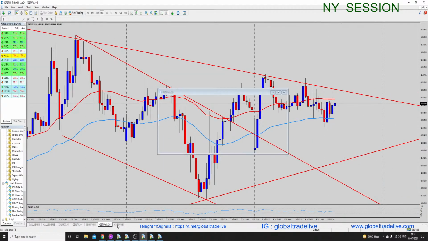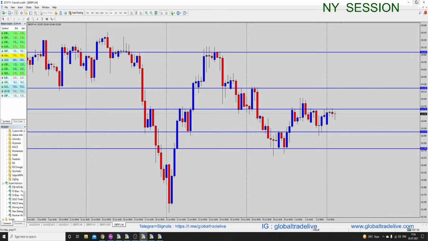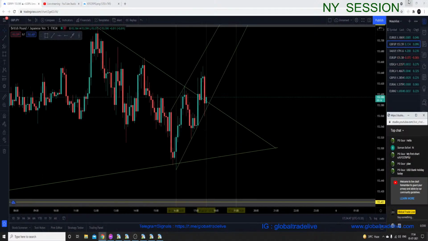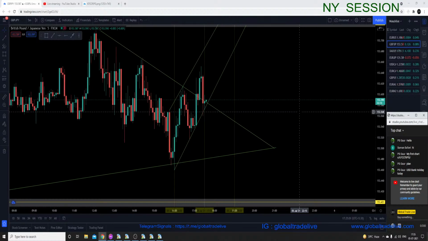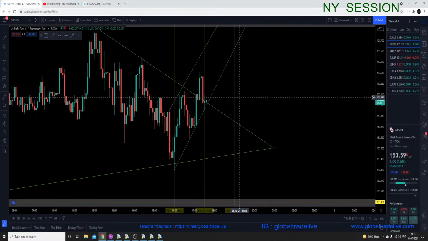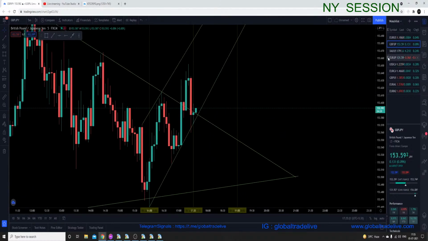Because really there is nothing here in other time frames. Still got 55 minutes left here. So the previous 5-minute candle just closed bullish under the trend line, and let's see here.